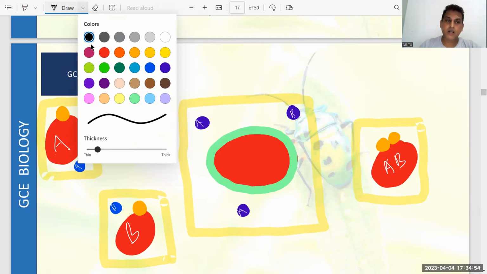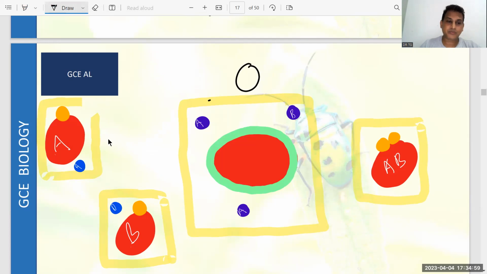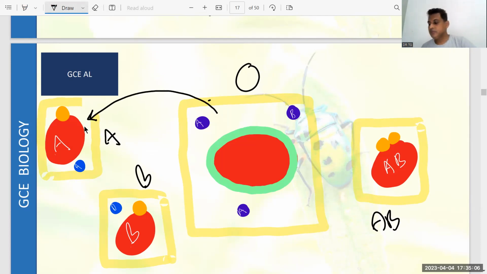Right, now O, A, B, AB. O is donating blood to A. So A has A antibody, but there's no antigen to recognize. O red blood cell has no antigen, so it is not recognized.